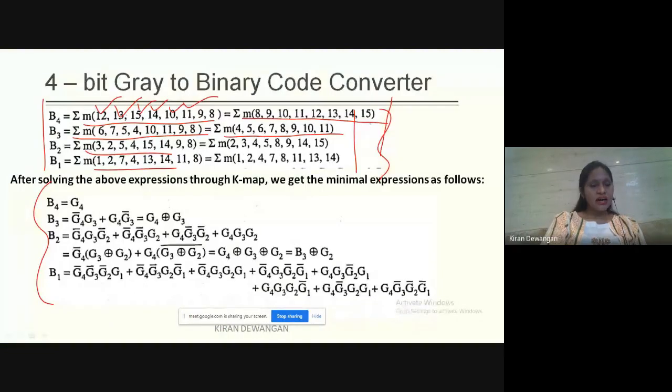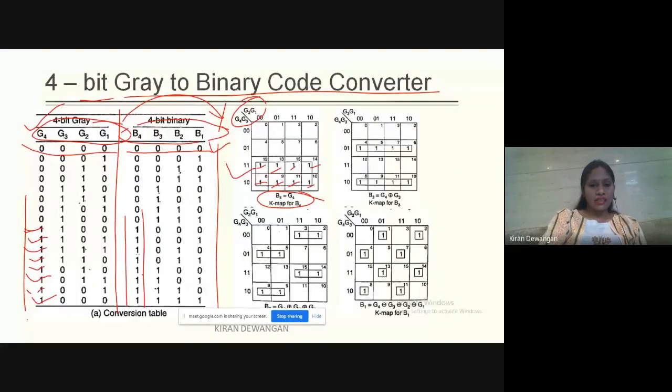Is this clear how we have got these B3 terms? I'm not explaining it again because it is already explained in yesterday's class how we are writing these B3 terms, B2 terms and B1 terms.